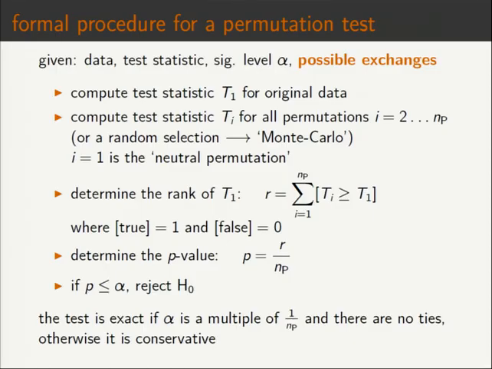The permutation test is exact if your chosen alpha level is an integer multiple of 1 over NP, the inverse of your number of permutations, and if there are no ties. Otherwise, the permutation test will be conservative, so you will have a lower rejection rate than you designed the test for.